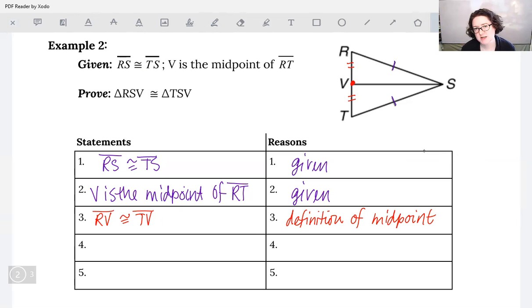Same kind of thing as before. We have 2 sides that are congruent, 2 sides that match up between the triangles. And the only rules I know that have at least 2 sides matched up are SSS and SAS.